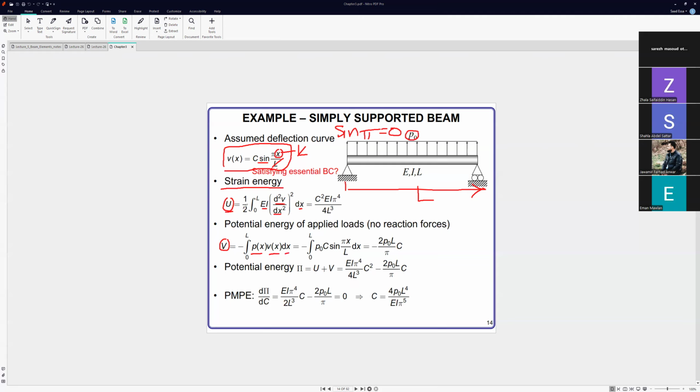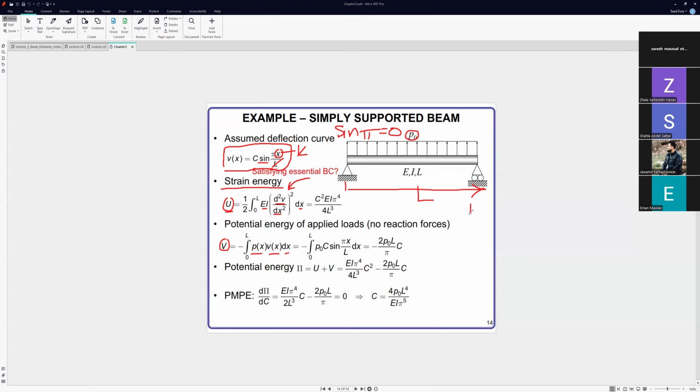Now, from the strain energy, if we make the second derivative, this is also homework. I will open this exercise in the Moodle.